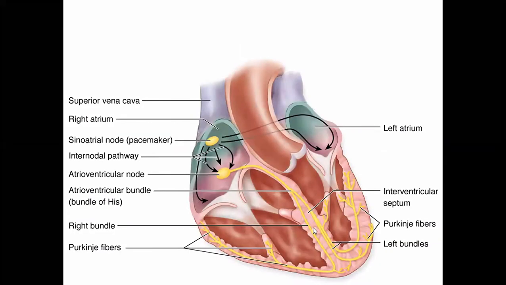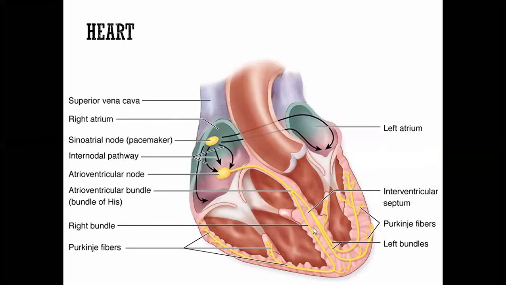So this is your heart, and these are the structures of your heart. This is very elementary. You know this, okay? You have your four parts: the right atrium and the left atrium, and then you have your superior vena cava.